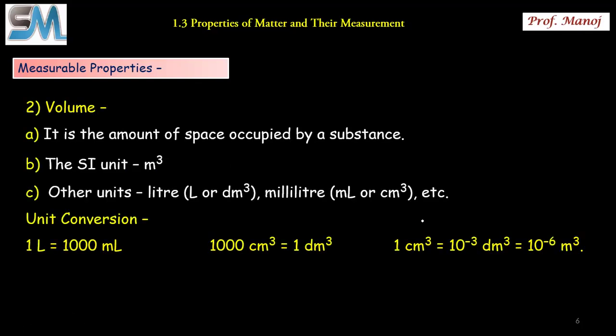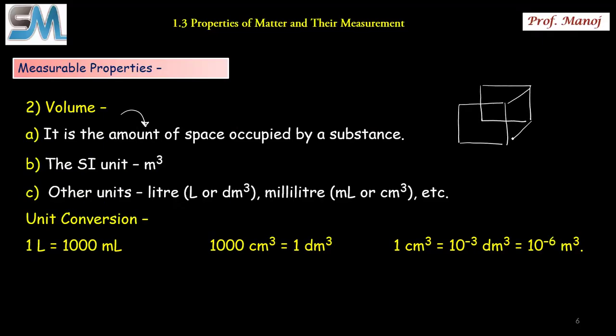The second one which we are going to use is volume. Volume, as you know, is the amount of space occupied by a substance. When you measure volume, what we imagine is a cubical space. So for example, imagine you have a cubical space this way.